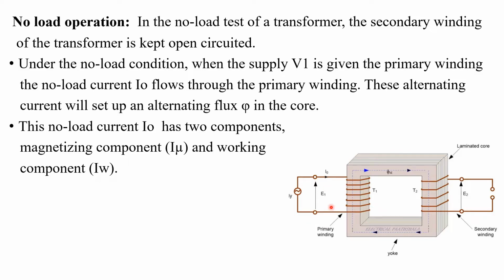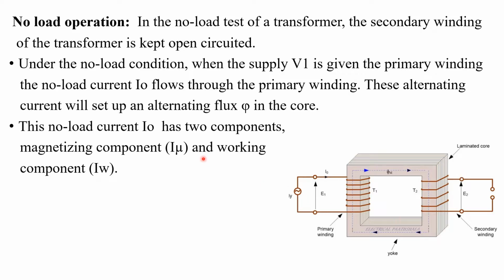If we give V1 as the input supply to the primary side of the transformer, this alternating current sets up a flux in the core. And this no load input current, normally represented as I0, has two components, the magnetizing component and the working component. I0 is nothing but the no load input current.